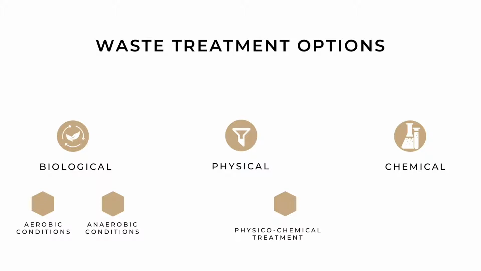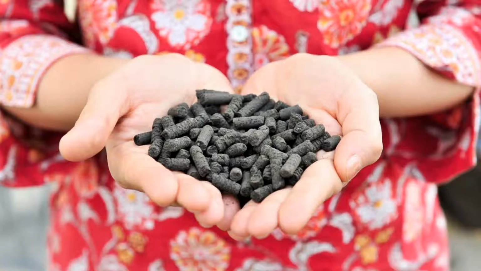This is what is used to produce non-carbonized pellets. And thermochemical treatments, in which heat is applied to induce chemical reactions as a means of extracting and creating energy carriers as products. These include processes such as combustion, pyrolysis, and gasification. This is what is used to produce carbonized pellets.